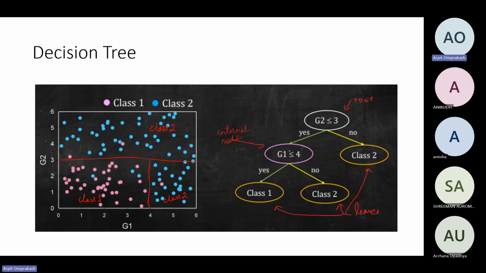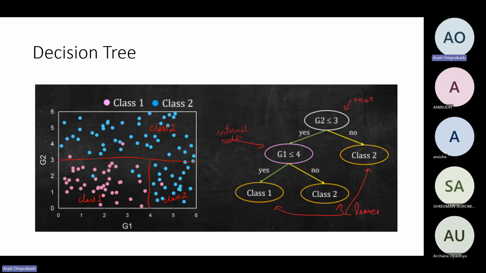Here we are asking whether the value of G1 is less than or equal to 4. So how do we know what question to ask? And even before that, for the question G2 is less than or equal to 3, there are two answers, yes or no. If you go to yes, there's another question. However, if you go to no, there's a label. So how does the model decide when to put a label also?